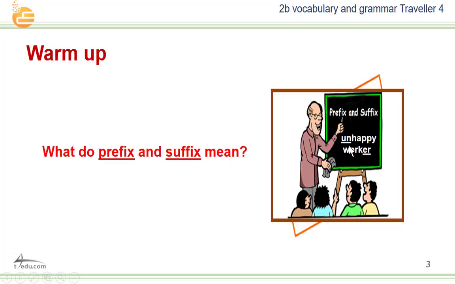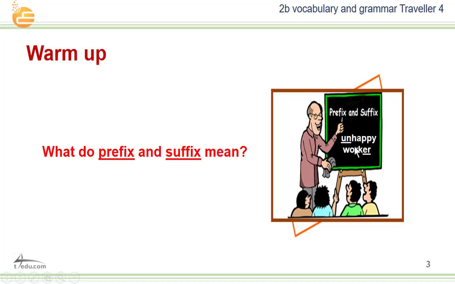Here we have unhappy, worker. Look here, the teacher is talking about prefix and suffix, and examples he mentioned to students are unhappy and worker. So what do you think is the meaning of suffix and prefix?